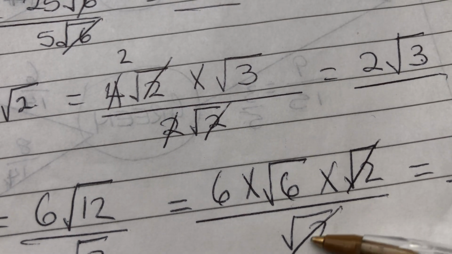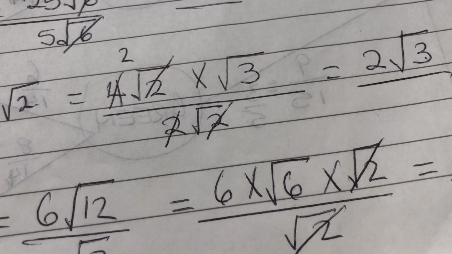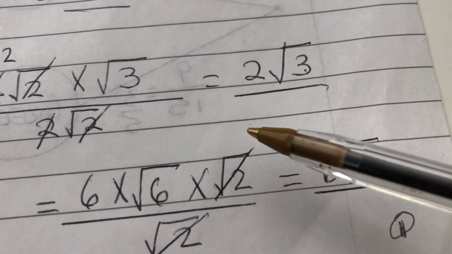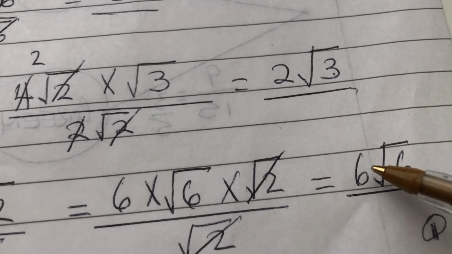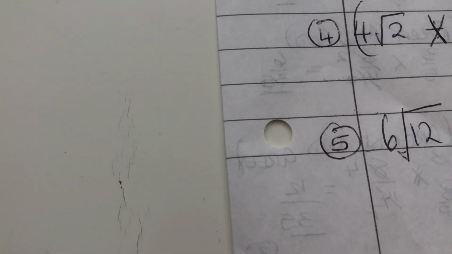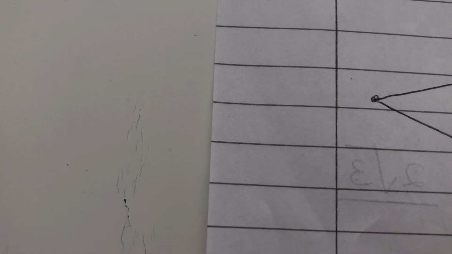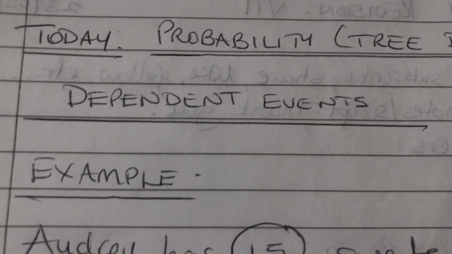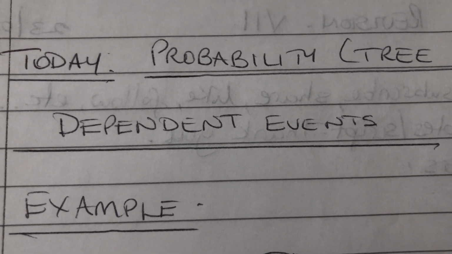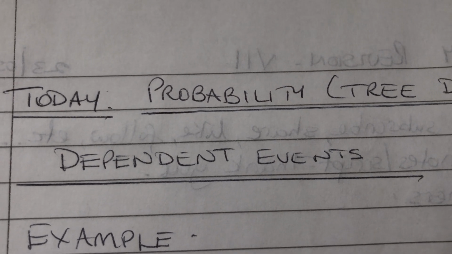I can get rid of the root 2's in the numerator and denominator. So now my answer will be 6 root 6. These things, you can't go wrong. If you are good at multiplication, you cannot go wrong, because you can easily see what you want to get rid of, and then you do that.